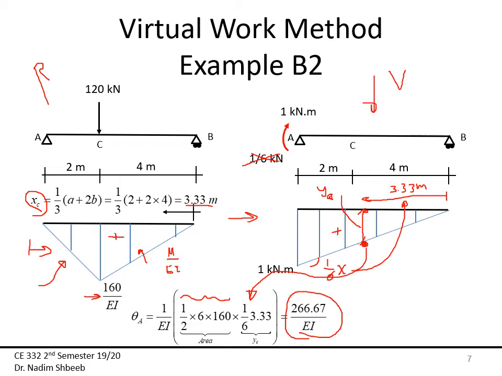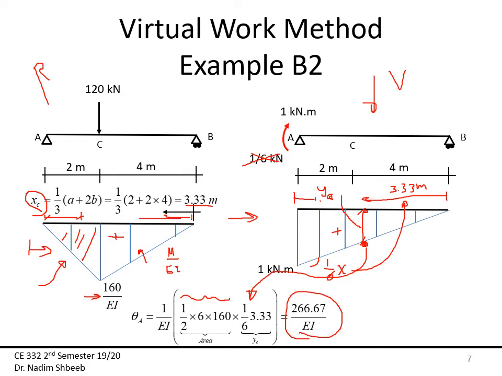If you don't have that memorized, then what you need to do is take this part by itself, which is just 1/2 times 2 times 160 EI, and then you find the centroid, which is this distance right here. You take that over here and find the corresponding value under the virtual moment, and then you take the other triangle, and that's going to be 1.5 times 4 times 160 EI.